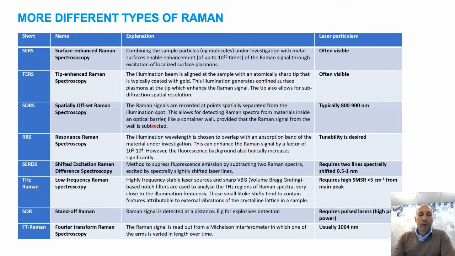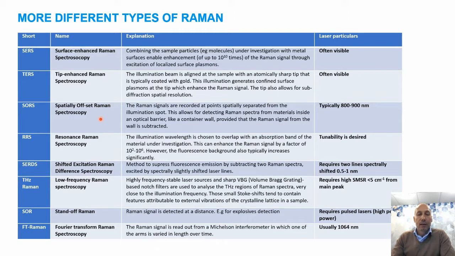Raman spectroscopy can also provide chemical detection across optical barriers, like for instance inside a container. And this is achieved by so-called spatially offset Raman spectroscopy. Here one is utilizing Raman scattering from scattered light that goes into the container through the optical barrier.